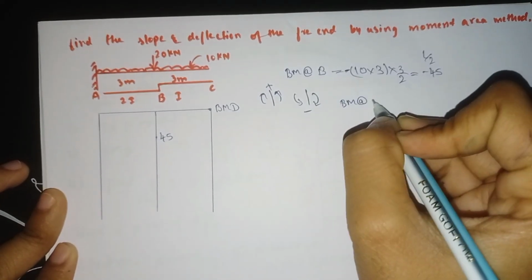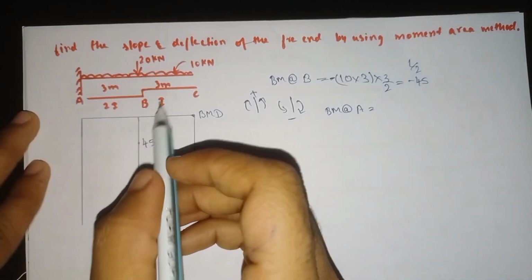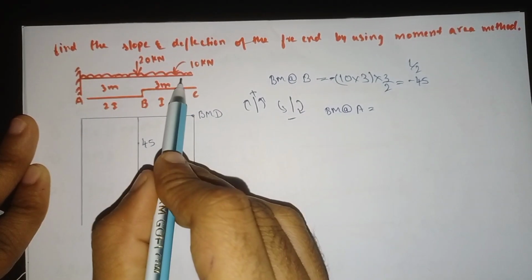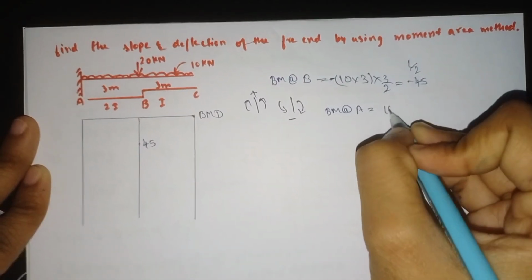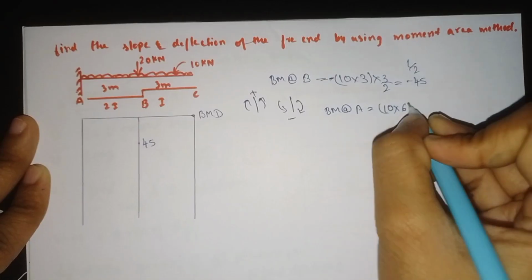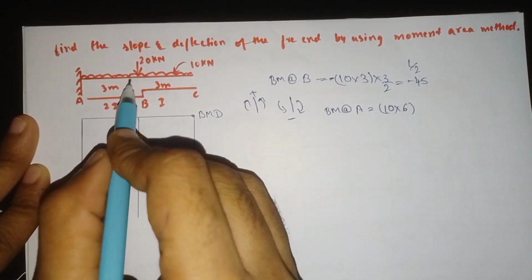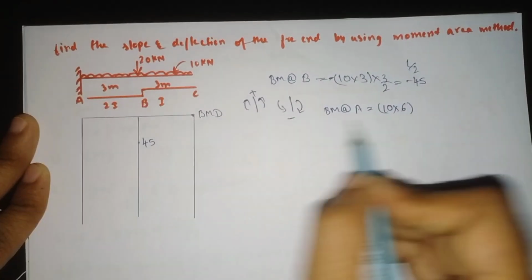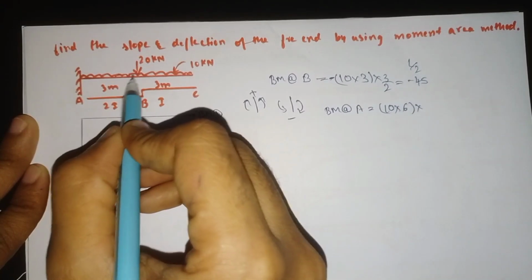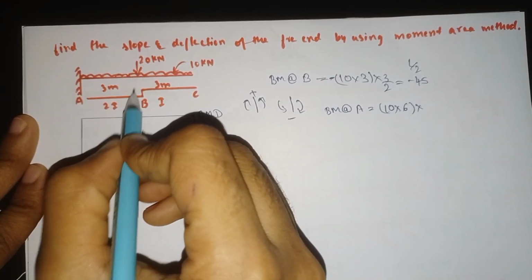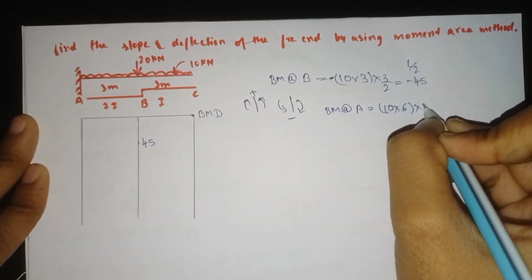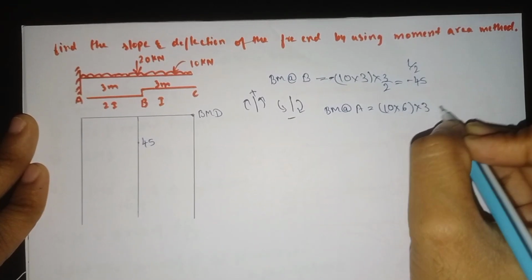Similarly, for the bending moment at point A, we need to see from here to here. The UDL is acting throughout the section, so 10 into 6, with the distance from here to here being 6, to convert the UDL to a point load. The UDL always acts at the center, at a distance of L divided by 2, which is 6 by 2, so 3.